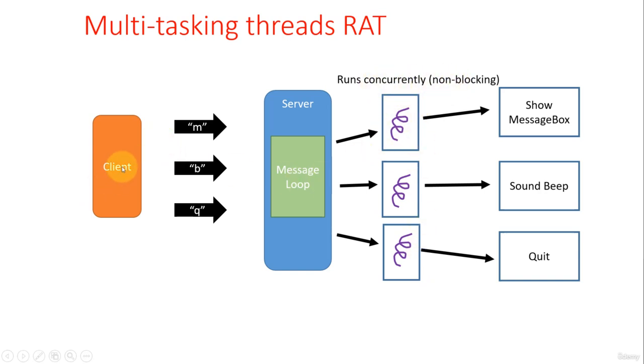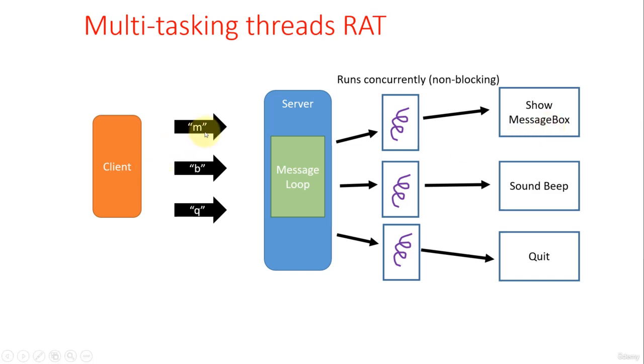So if the telnet client were to send the message M, the server can spawn a new thread to handle the message M, to show the message box. And whilst the message box is still being shown and has not yet been closed, if the client were to send a second message M, the server can spawn a new thread to show a second message box even though the first message box is still on screen.